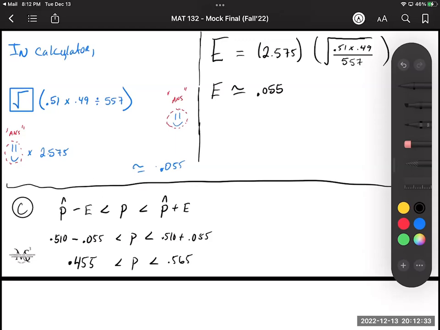So somebody else is asking me if this is to find the lower bound and upper bound. The answer is yes. You see, the 0.455 is your lower bound and 0.565 is the upper bound.